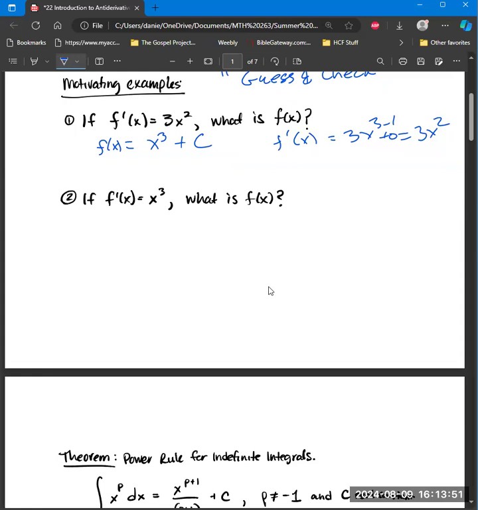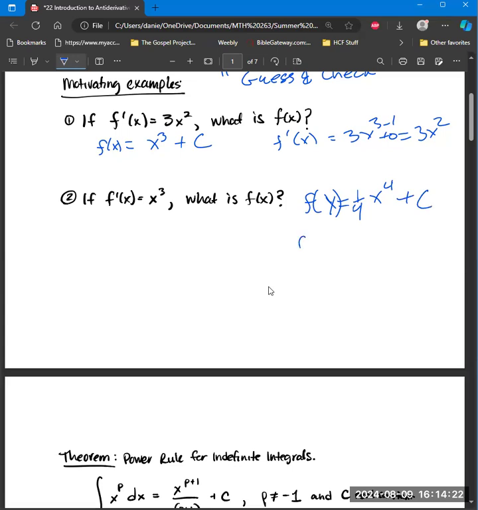What if the derivative was equal to x cubed? We know it's going to have to be something with x to the fourth. So my guess is going to be x to the fourth. But I need 4 times something to be 1. So I'm going to say that my guess is f of x is 1/4 x to the fourth, plus c.